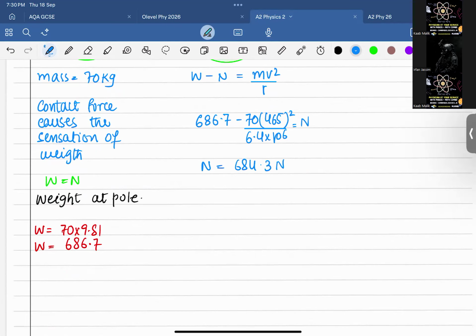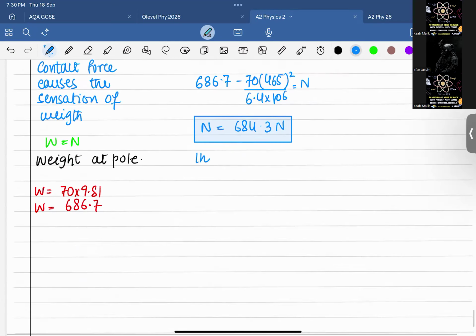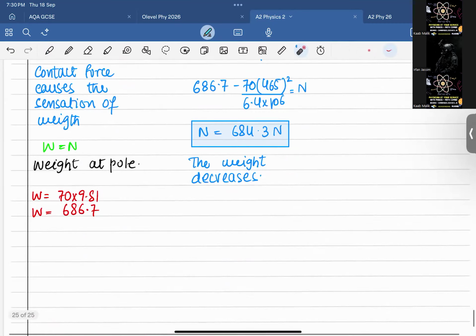Newton. Now this is your feel-like weight, and basically the weight decreases a bit. So the same person moving from this point to this point has basically had their weight decreased by 2 Newton.